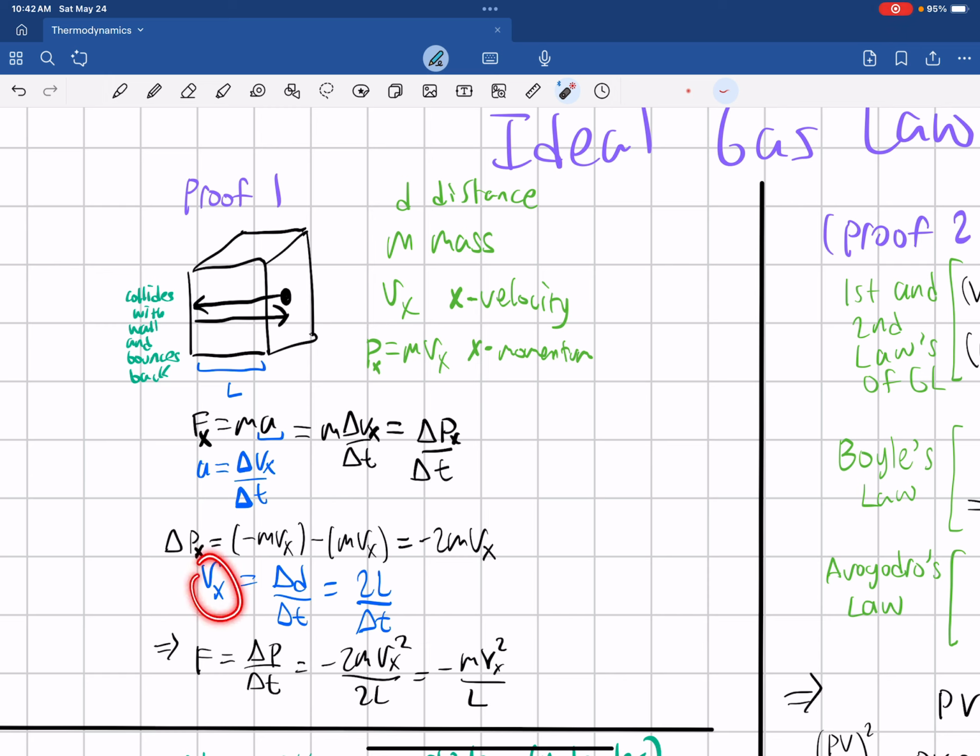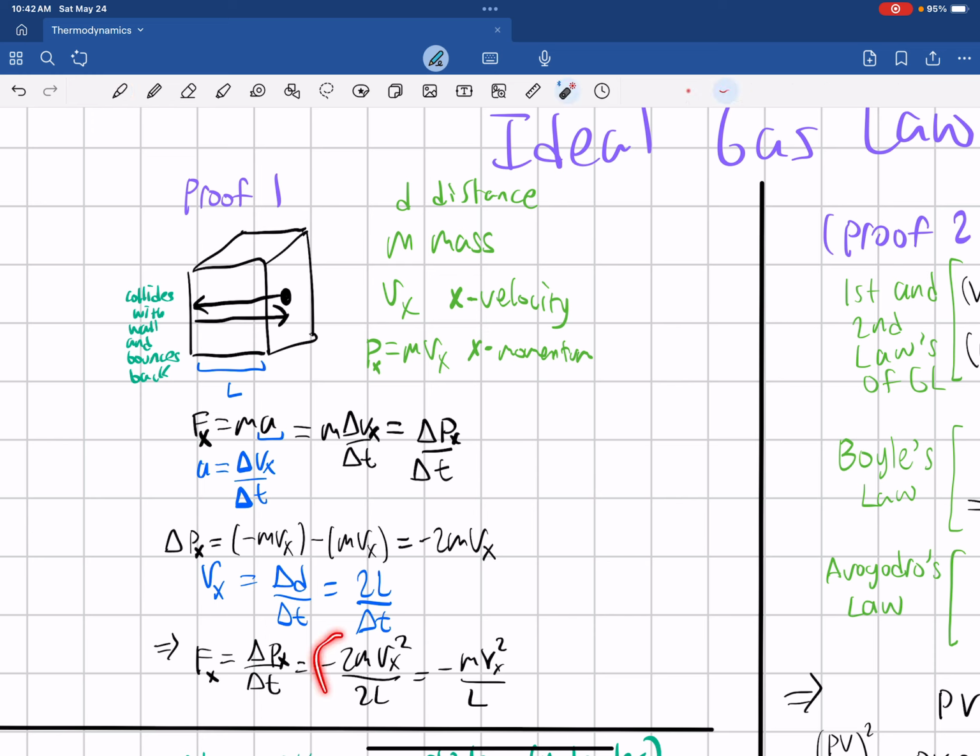We also know that velocity equals dx over dt, so it's a change in distance, and the distance it travels is 1L, 2L, so it's 2L over t. And you can solve this for 1 over delta t, which is equal to vx over 2L, and plugging that into force, we have force x, px.